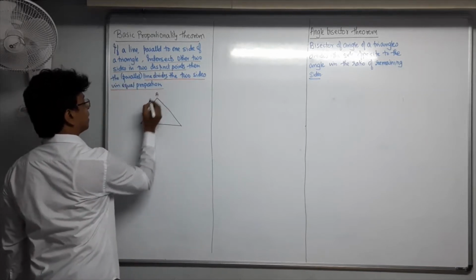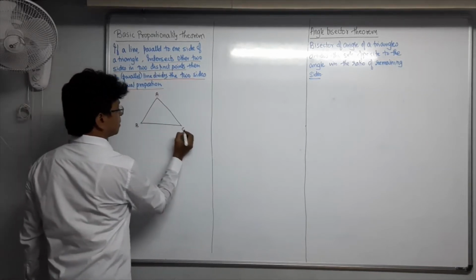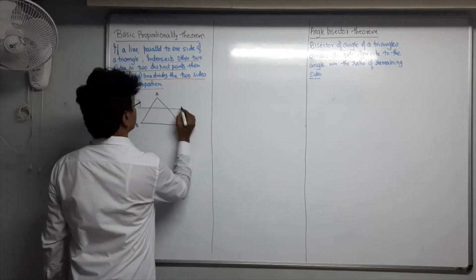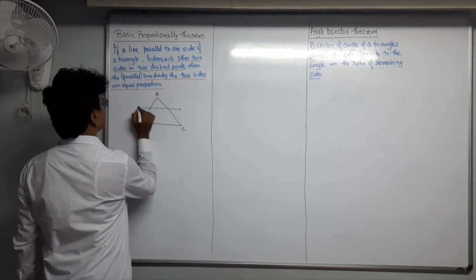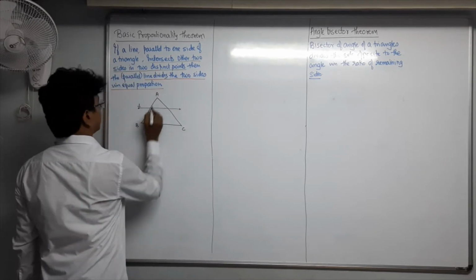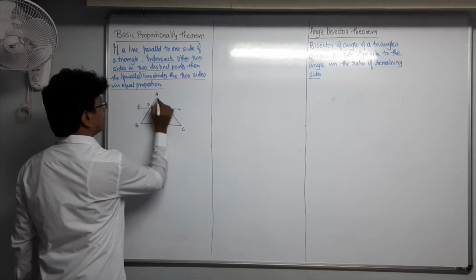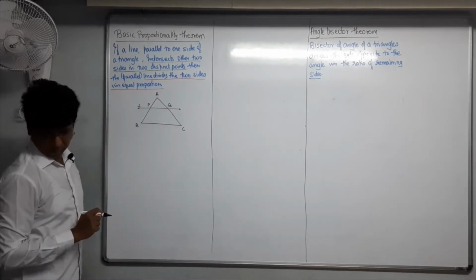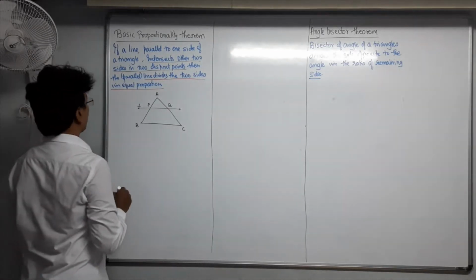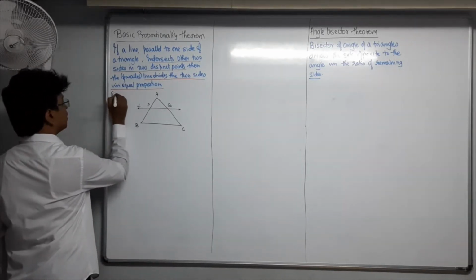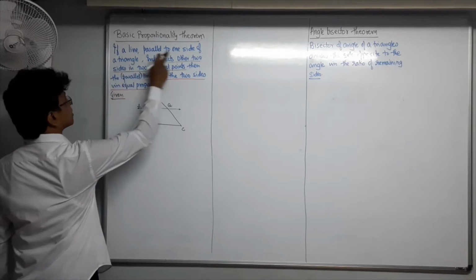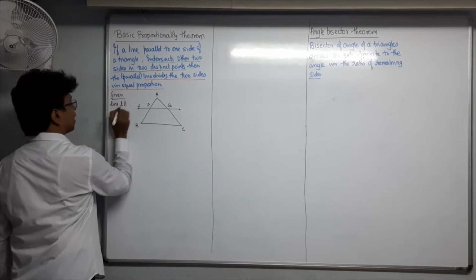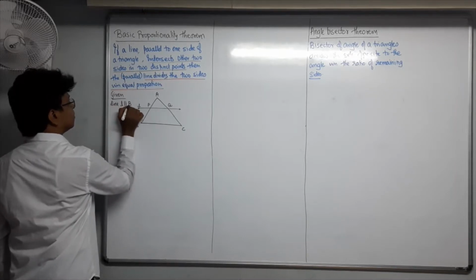This is triangle A, B, C, and of course there is a line L. This is the line L, which is parallel to BC and cutting AB at P and AC at Q. Yes, fine. So now what is there in the given? Given will be the condition satisfied: line L is parallel to BC.